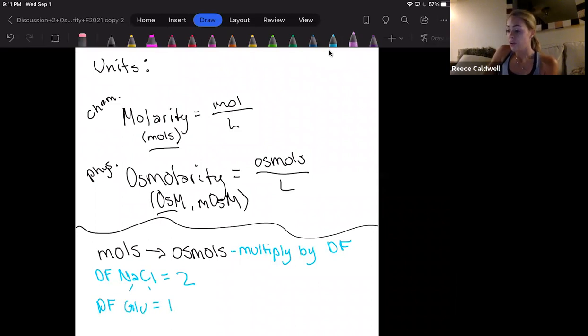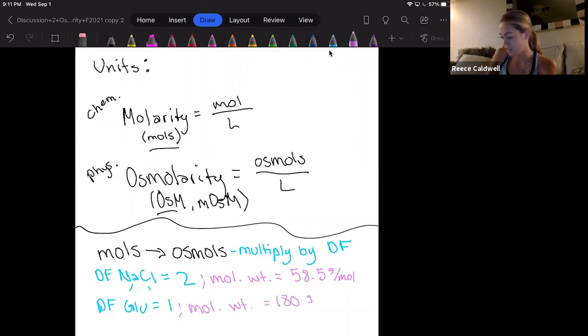One other thing I highly recommend you memorize for the exam is the molecular weight of these 2 molecules. The molecular weight for sodium chloride is 58.5 grams per mole, and the molecular weight for glucose is 180 grams per mole.